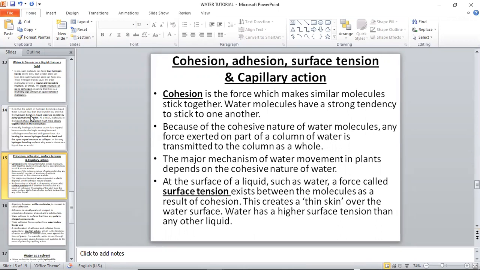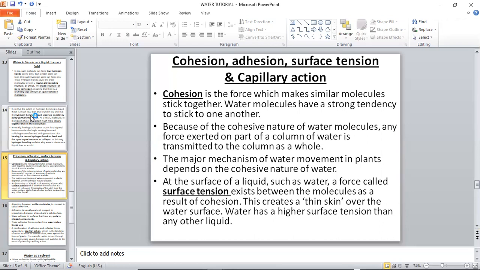Cohesion as a property of water also leads to the formation of what is called surface tension, which happens at the surface of a liquid or at the surface of the water. Remember, at the surface of the water, you have water molecules at the surface, and then you have water molecules downwards. However, on top of the surface, you have air.